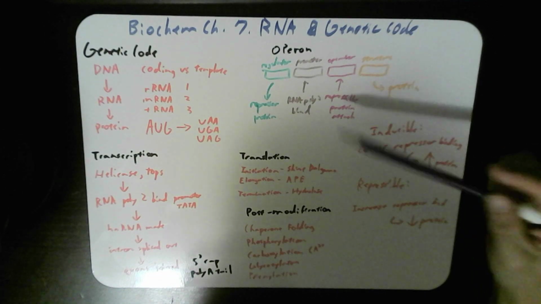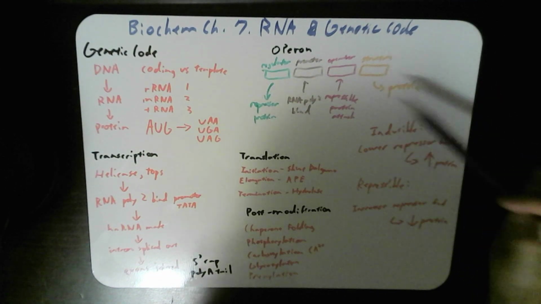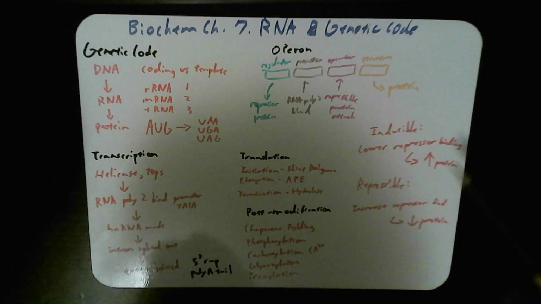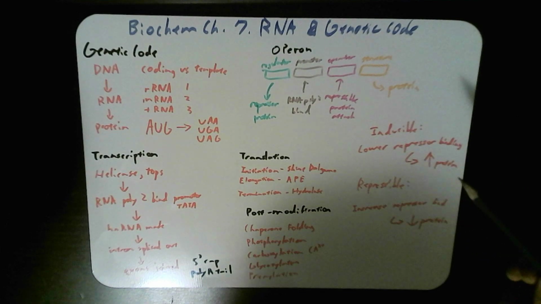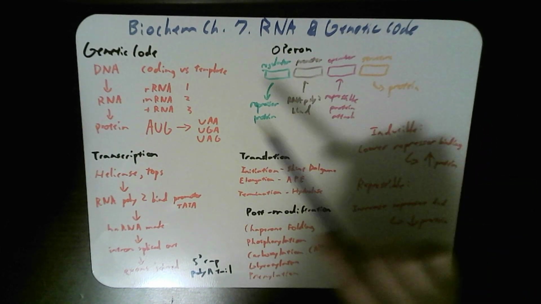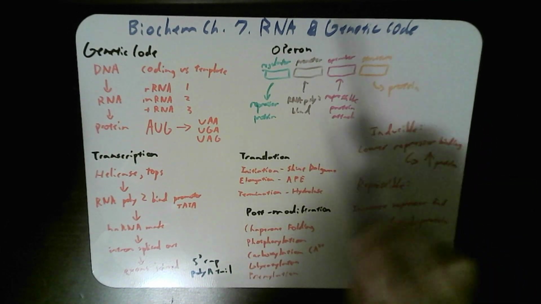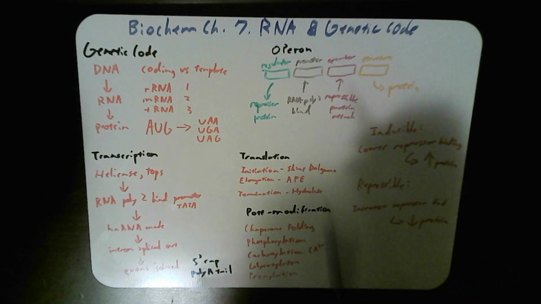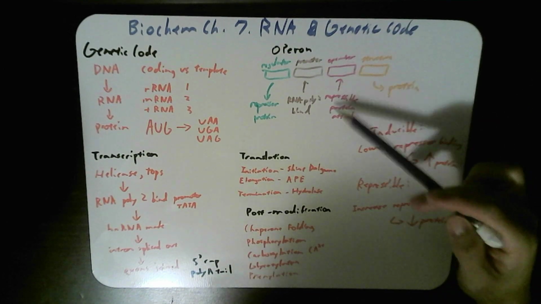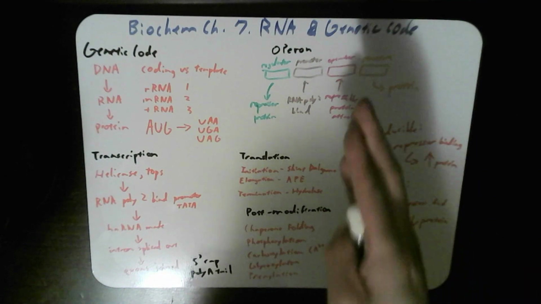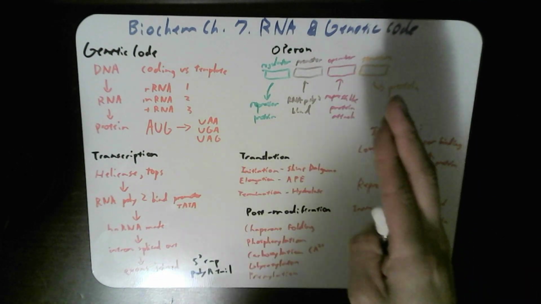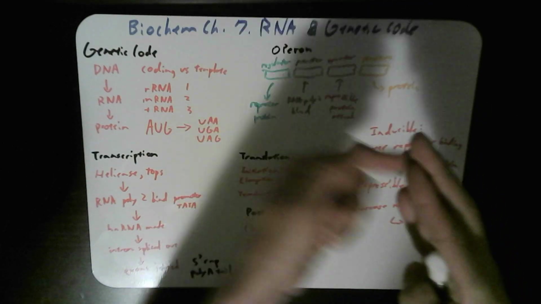Now this frees up a spot for the promoter to keep going, and results in an increase in protein product production. The repressible system, however, has the structure constantly being made because there's no good repressor actually binding onto the operator. It's just half a repressor. So this is already very active.